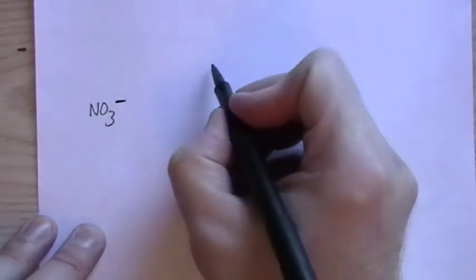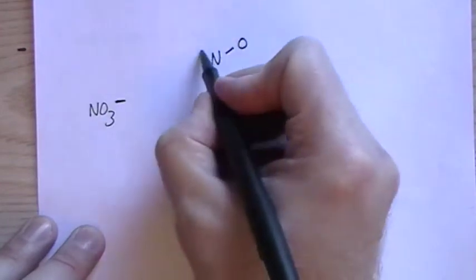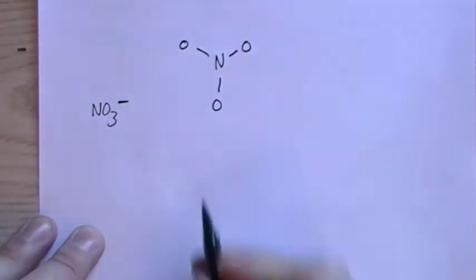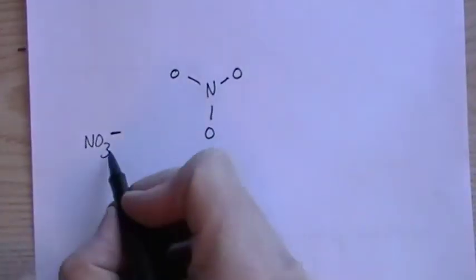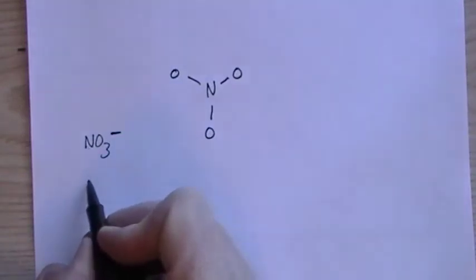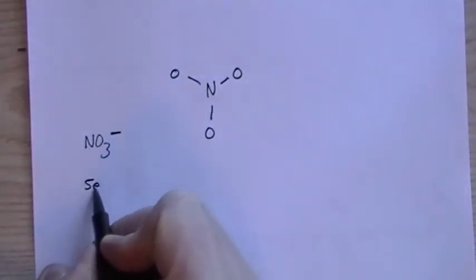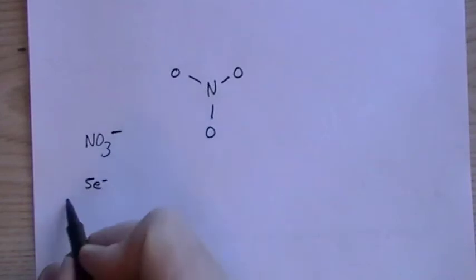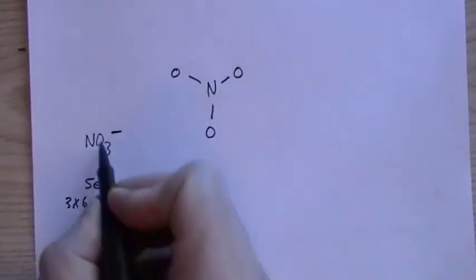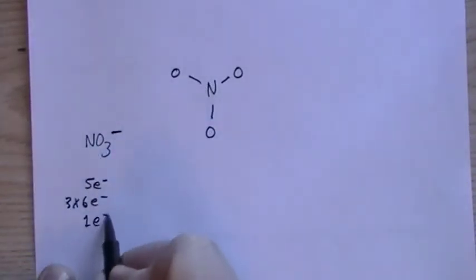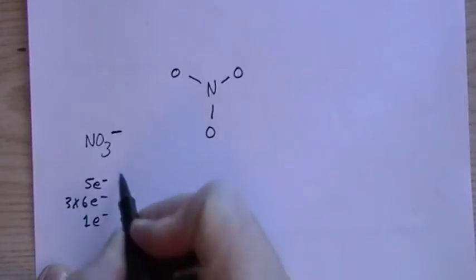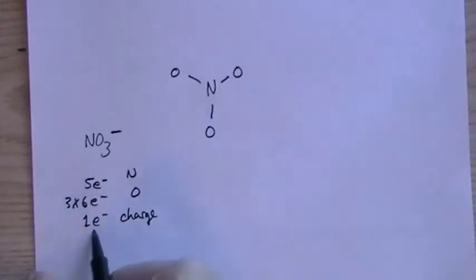Alright, now we get into something where 2 things are going on here. First, it's a polyatomic ion, and second, it'll have resonance structures. But let's just draw it out like we were just trying to construct a molecule. So nitrogen is 5 from group 5A, so 5 electrons, 3 times 6 for the oxygen, and then 1 for the charge.